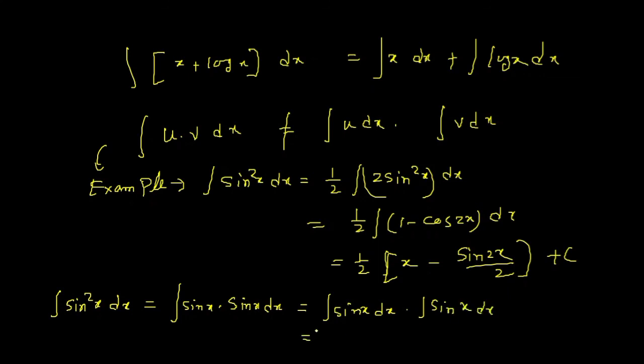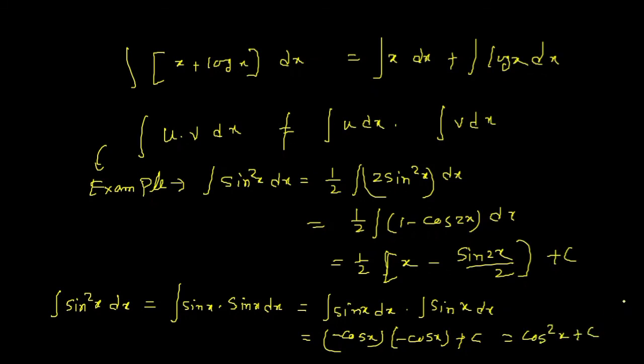The integration of sin x dx is minus cos x, and this is also minus cos x, plus some constant, c or c1. So minus cos x times minus cos x will become cos square x plus c.